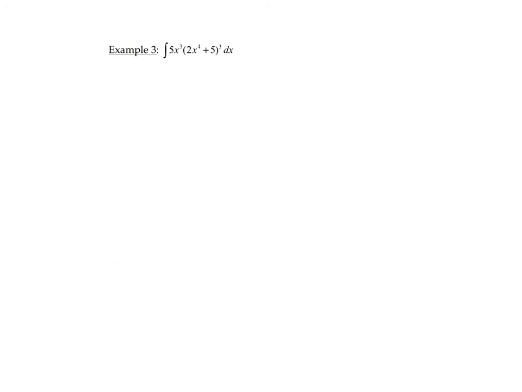Okay, in our third example, I notice what's inside the parentheses is 2x to the fourth plus 5. So if I say let u equal 2x to the fourth plus 5, when I find du, it's equal to 8x cubed dx, because the derivative of a constant goes to 0, so the derivative of that 5 goes to 0. Okay, so we're really close.